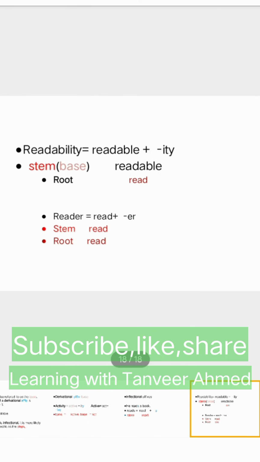Another example, "readability": "readable" plus "ity". Here, in "readability", "readable" is taken as a stem and base for "unreadable" or what else. And here in "reader", stem is "read" and root is also "read".